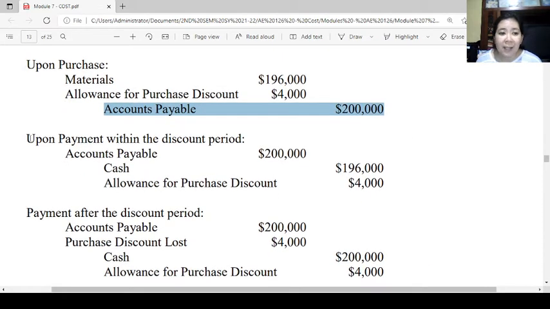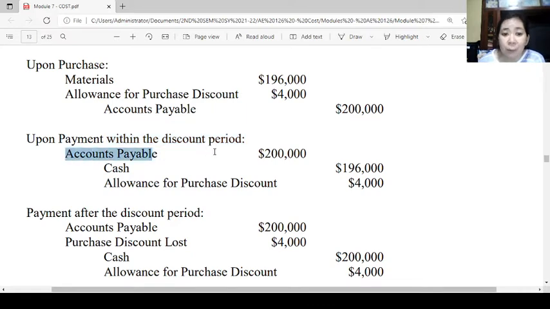When the entity paid within the discount period, meaning they were able to avail of the discount, the entry will be to debit accounts payable, we will close 200,000. Cash is only 196,000. And we will also close the allowance for purchase discount account.